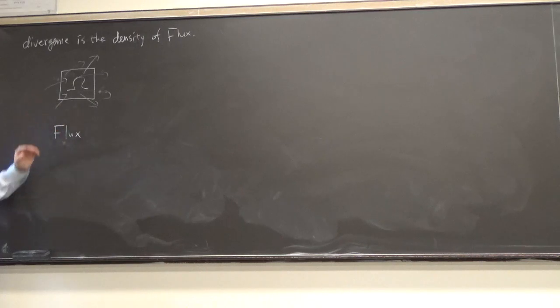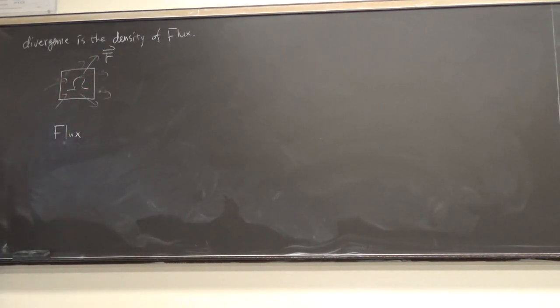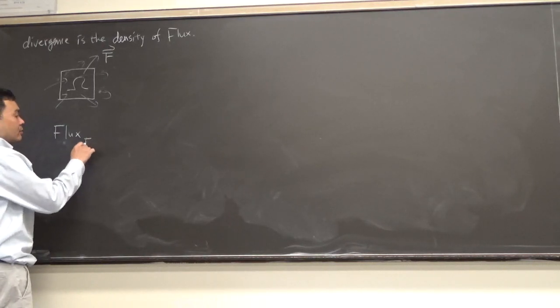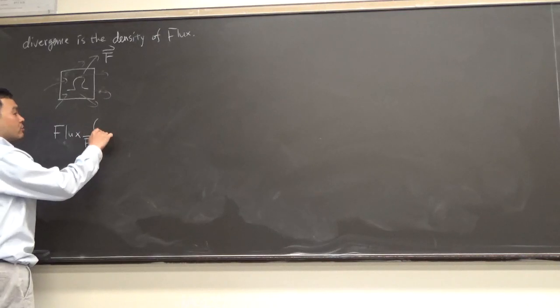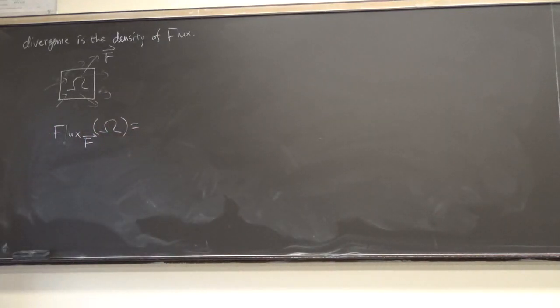So if you're given a vector field F over a region omega, then the flux of vector field F on this domain omega is defined as follows.